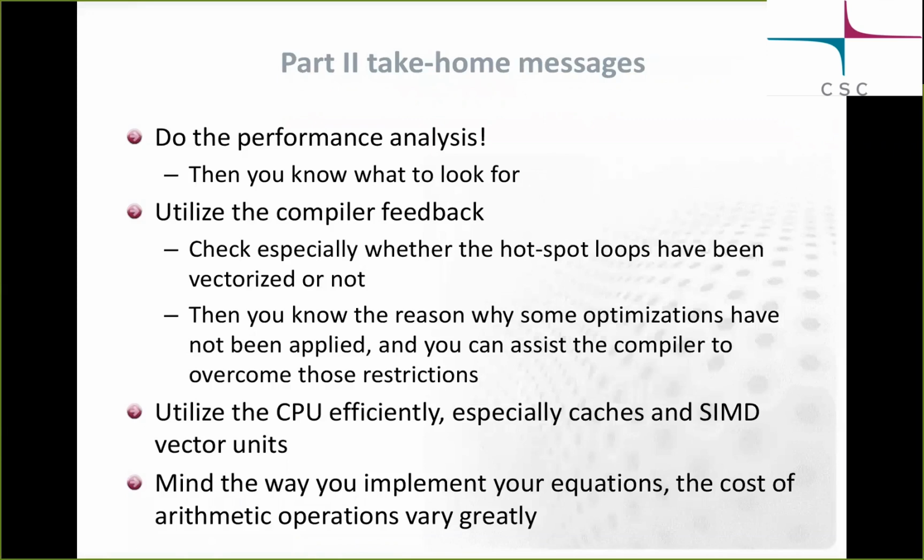Is the compiler able to do an optimization, and if not, why is that? And is there something you could fix by rewriting something in a different manner? Single core performance really arises from knowing the gory details of modern CPUs and utilizing all of these features efficiently, especially the fast cache memories as well as the vector units.